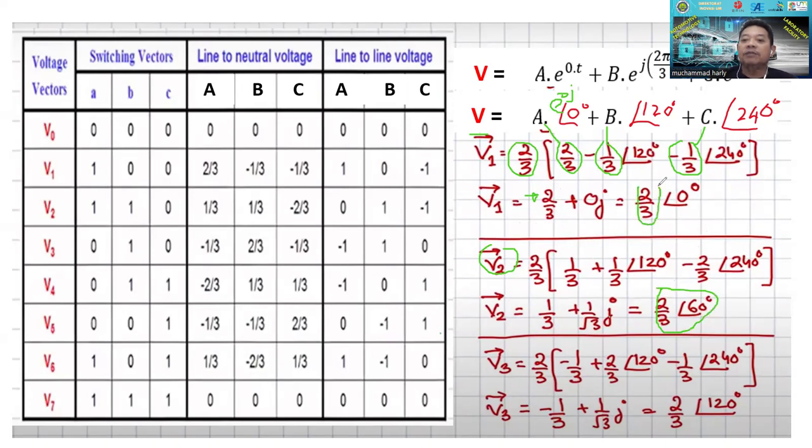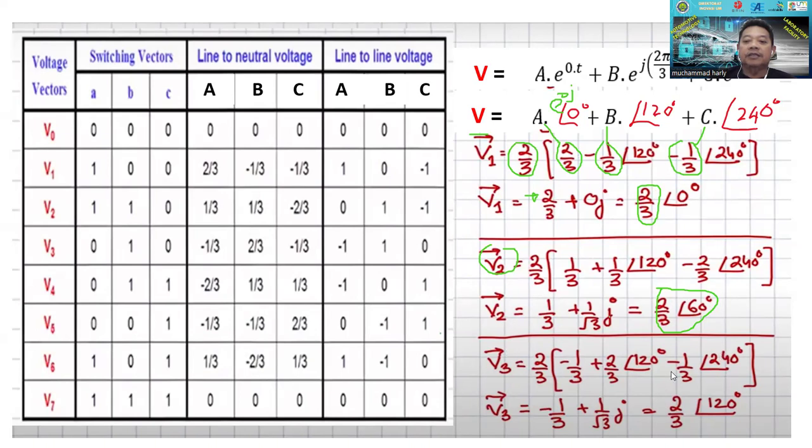The magnitude, the amount of the vector, that means the length of the vector, is the same. It's 2/3, but the direction is different. The P1 direction is 0, and for P2, the position of the vector changes from 0 to 60 degrees. Then we can go to the next step.